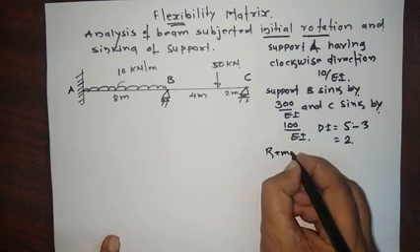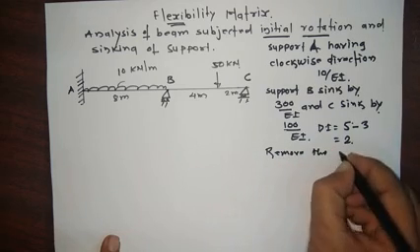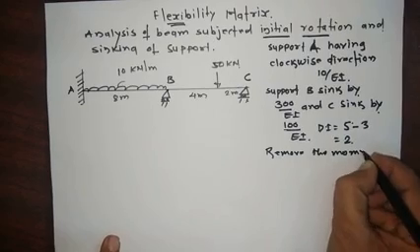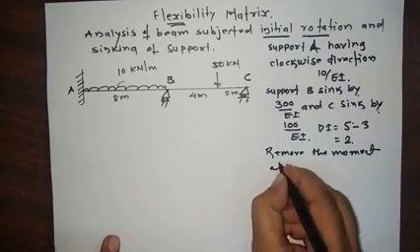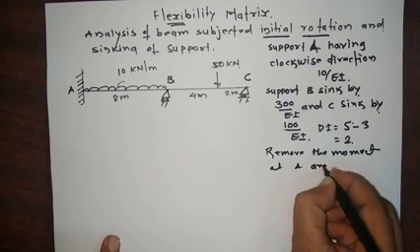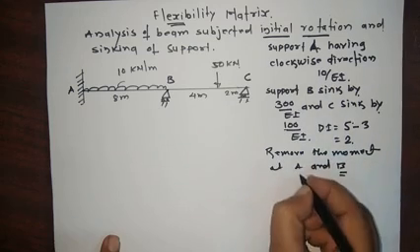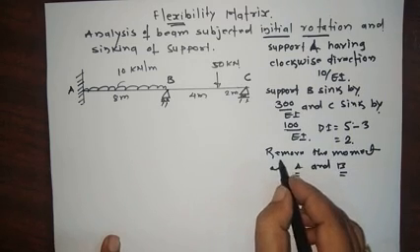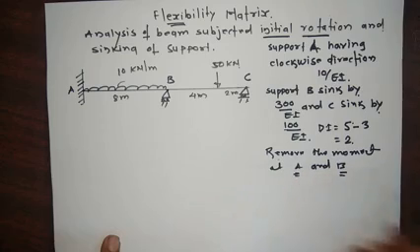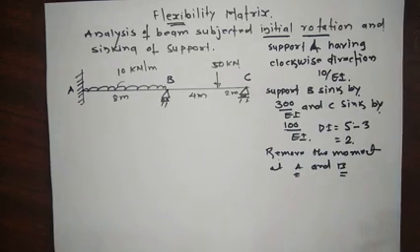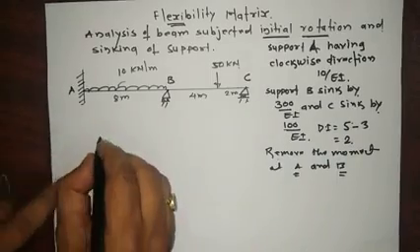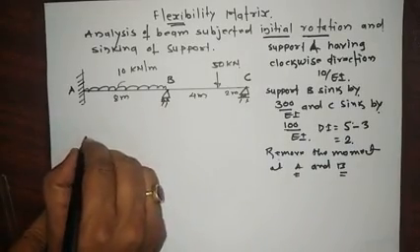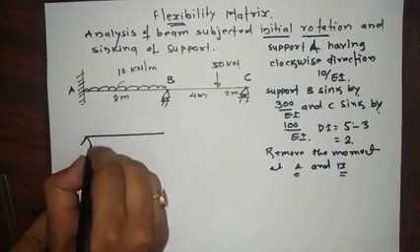So remove the moments at A and B. It means this is our Q matrix, that is the forces you have removed. So now we draw this diagram in this way.